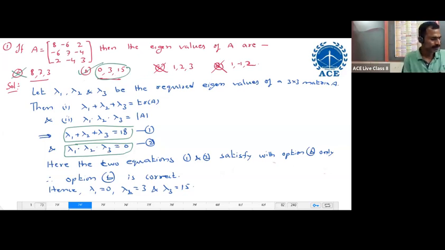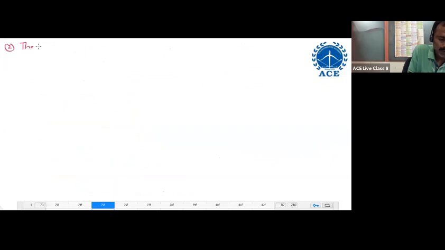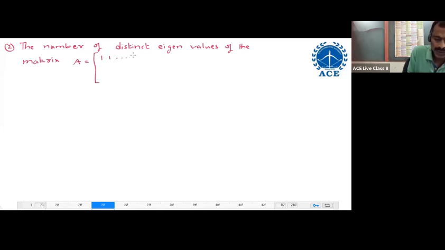Next, problem number 2. The number of distinct eigenvalues of the matrix A equal to the nth order matrix with all elements as 1, 1, and so on, 1, 1, and so on, 1, 1, is: the number of distinct eigenvalues of matrix A. Option A: 0, comma n.